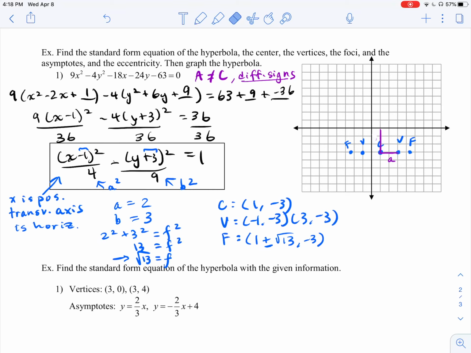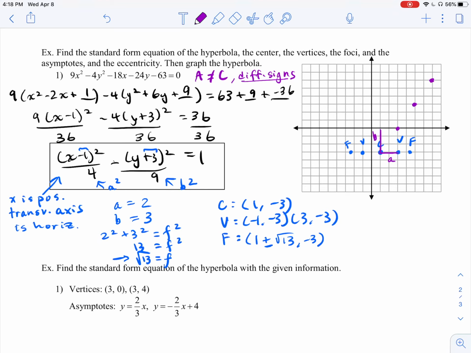Let me actually just write b instead of 3. B value is 3. So our asymptote is going to have a slope of 3 over 2, or plus or minus b over a. So I'm really just going to count our slope units out. So up 3 over 2, up 3 over 2, up 3 over 2.